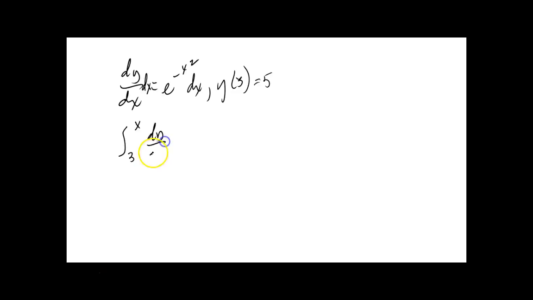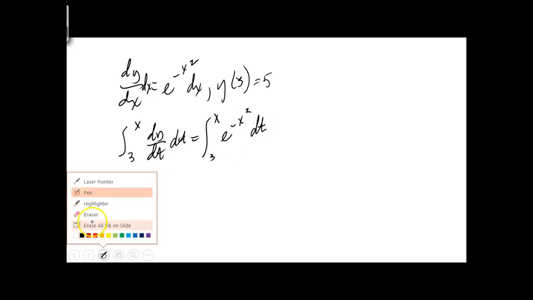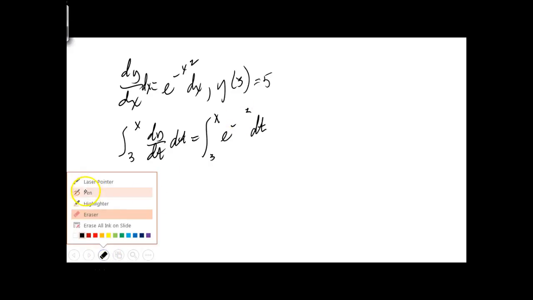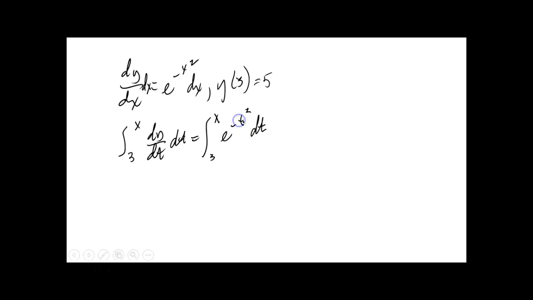They like t's. dy/dt dt. Okay? And that was equal to the integral from 3 to x of e to the minus x squared, changes the dummy variable to be a t, not x. Okay? So that's e to the minus t squared dt.